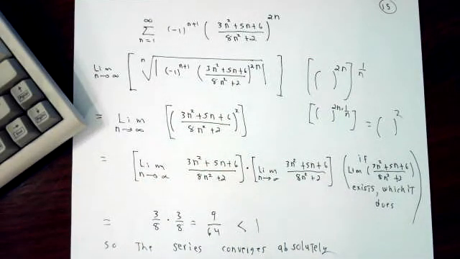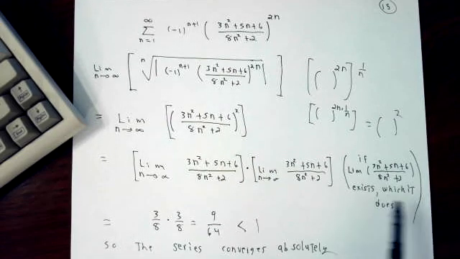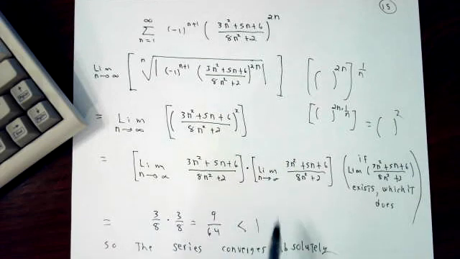Now, there's various ways to think about this. Probably the easiest way is the thing I'm taking the limit of is the square of something. It's the limit of 3n squared plus 5n plus 6 over 8n squared plus 2 multiplied by itself. If the individual limits exist, which they do, I can split this up into the product of the limits.